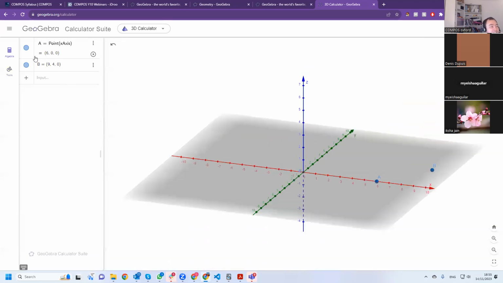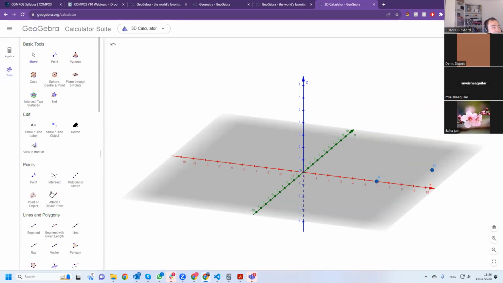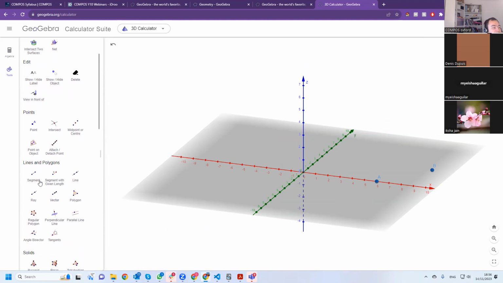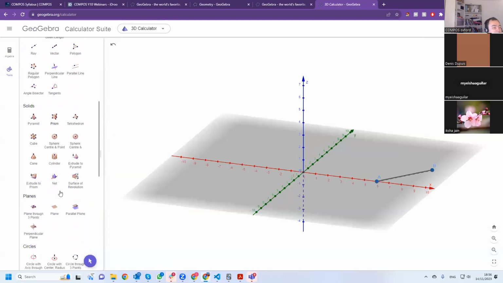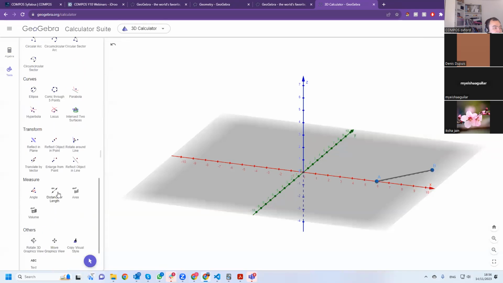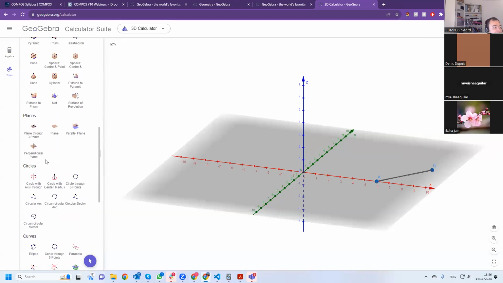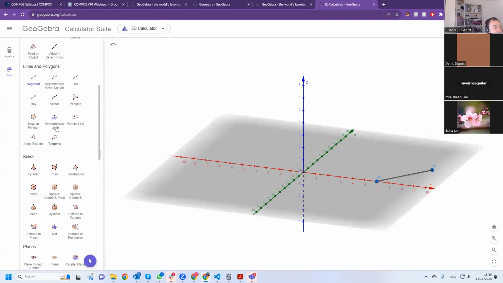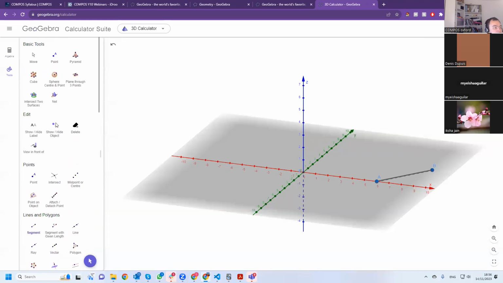And the distance, the segment. How do I measure the length?